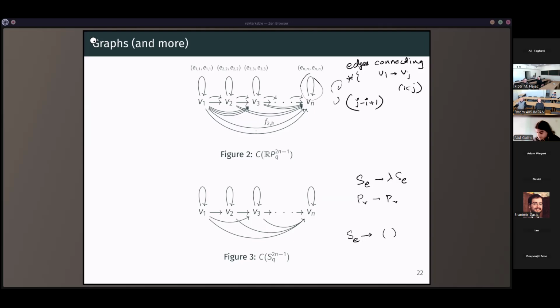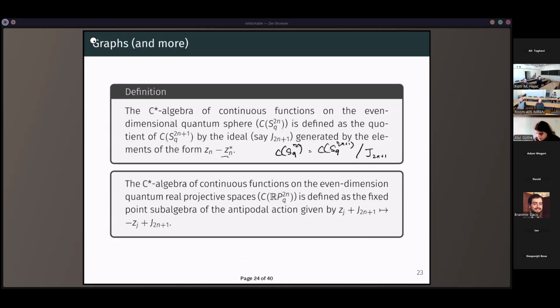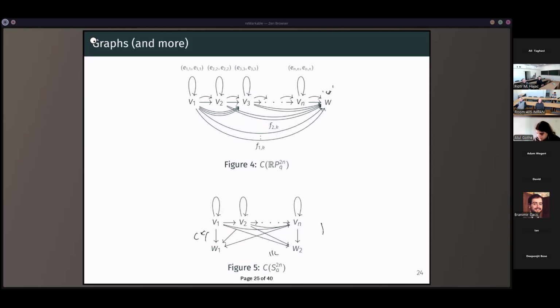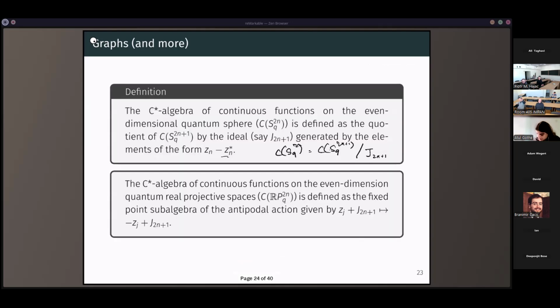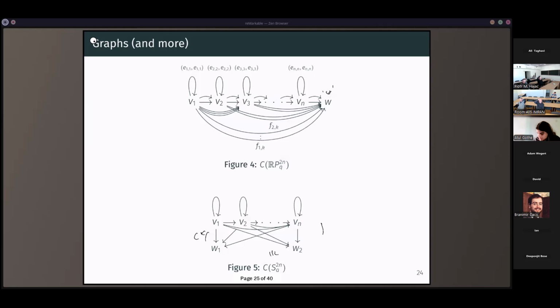So this is a way to think about how to see an even sphere inside an odd sphere. So that extra loop here is just cut into these two additional vertices.